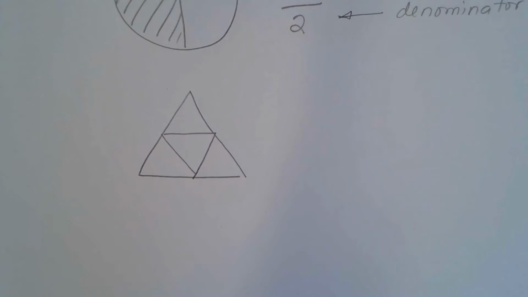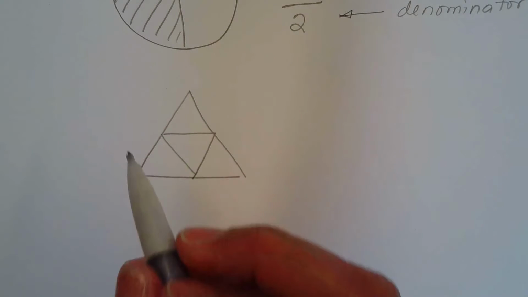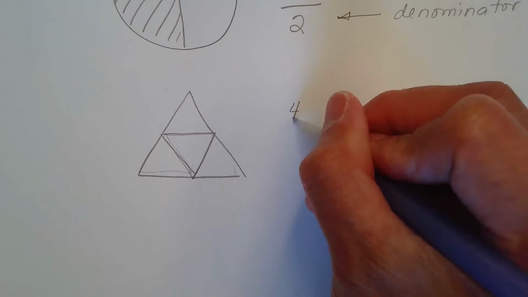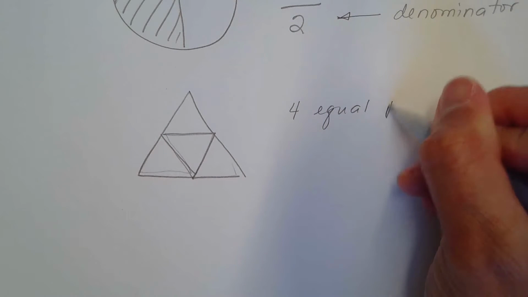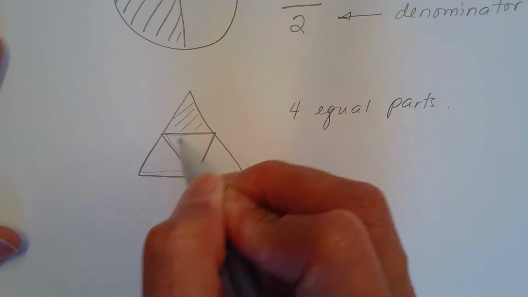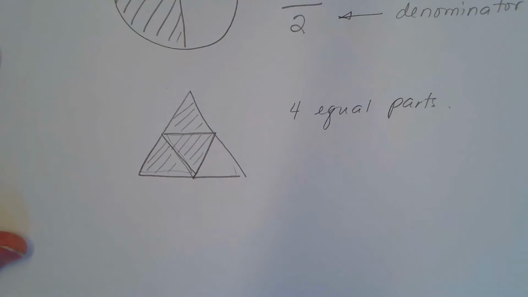This one here, how many equal parts are there? 4 equal parts, right? So 4 little triangles. Now if I shade these 3 pieces here, what fraction, what portion is shaded?